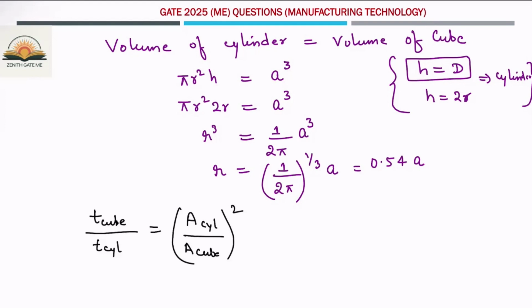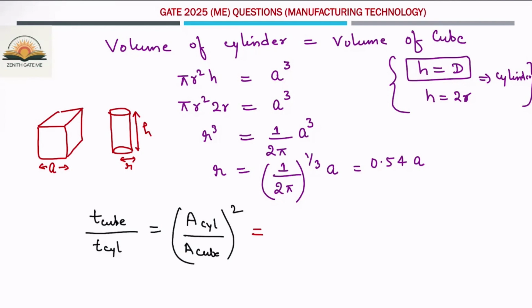So let us suppose this is the cube having side a, and this is the cylinder whose radius is r and the height is h. So what will be the surface area of cylinder?